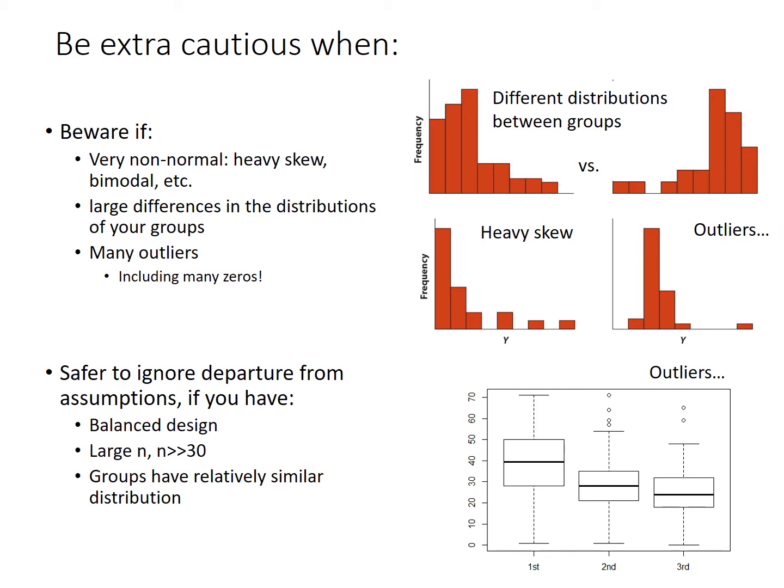If you have very different distributions across the two groups you're comparing, like you see in the upper right corner, where those distributions are almost mirror images, then if you're trying to compare those two, you might have some issues too.